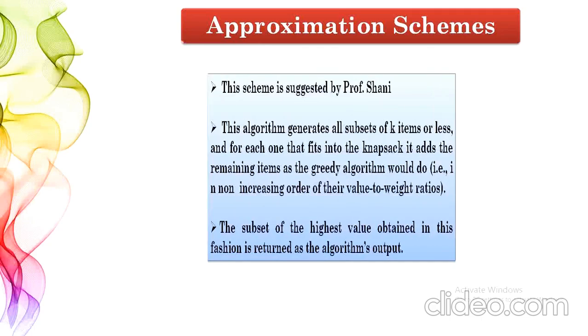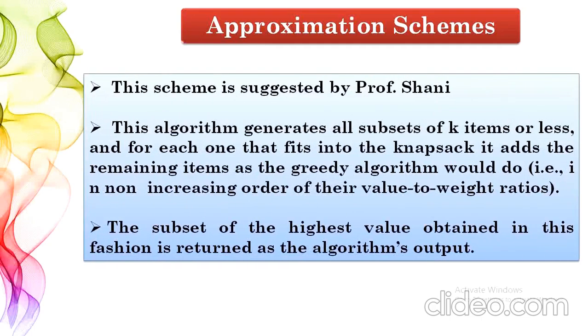This approximation scheme was proposed by Professor Sahni. According to this algorithm, we need to fix the k items. Initially, we fix the k value, and based on the k value, generate all subsets. For each and every subset, we find the possible items to be added and the corresponding profit without violating the constraint.